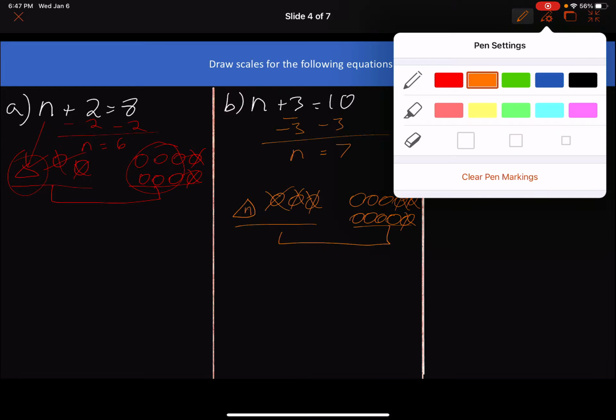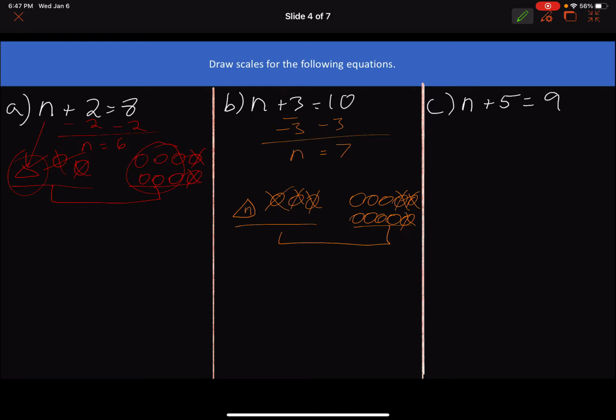All right, and then working over here, on my scale I have my triangle with 5 circles, and on the other side, I have 1, 2, 3, 4, 5, 6, 7, 8, 9.